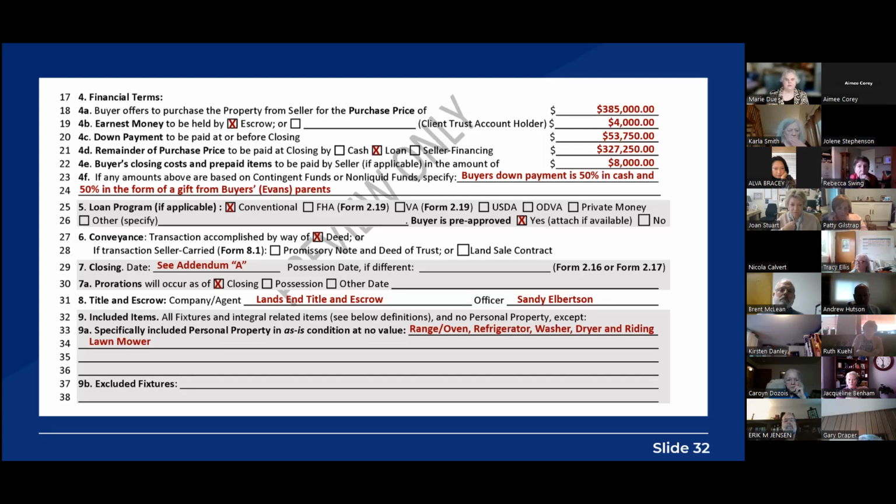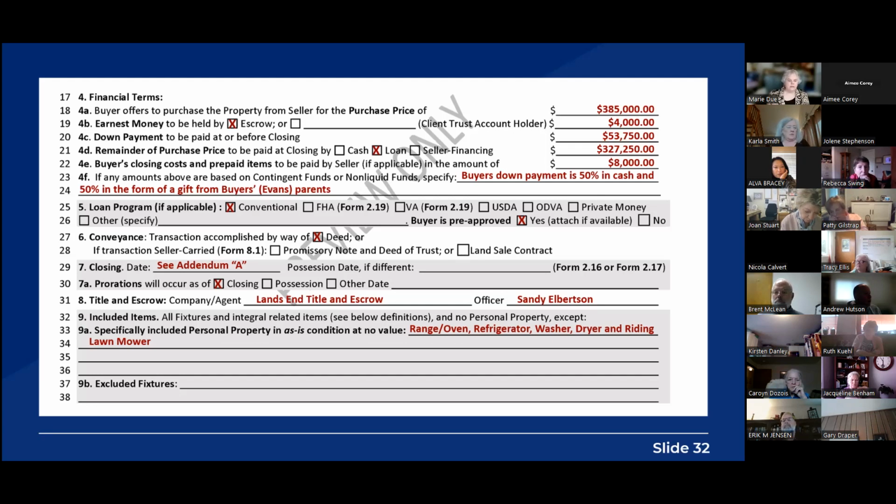So as you're putting this whole deal together and you've clicked different boxes that have a number by them, that form will show up. Unfortunately, one of the problems is that if you click the wrong one, it still shows up, so you'll have to take it out. But that's the nice thing. You don't have to remember to go find it. It's already going to be there for you.